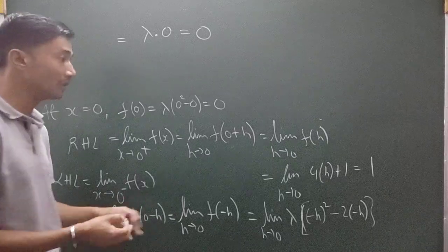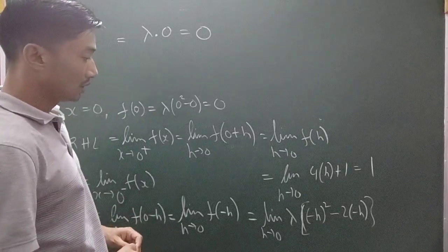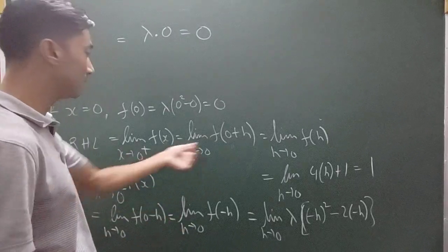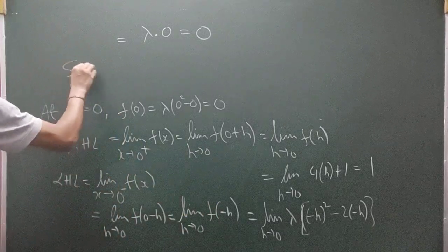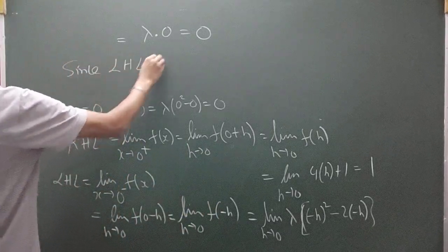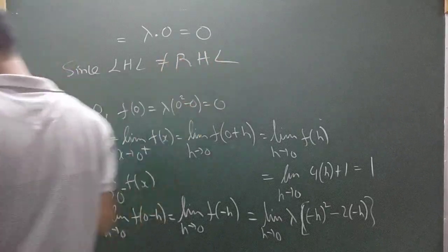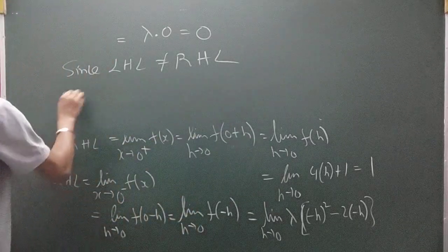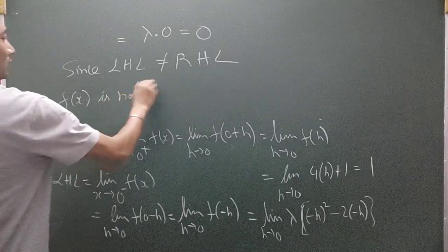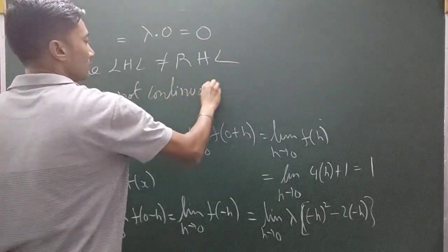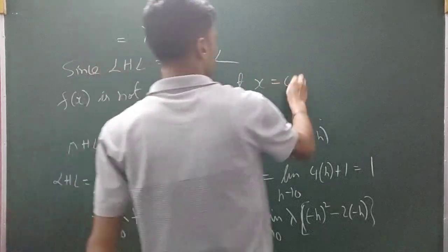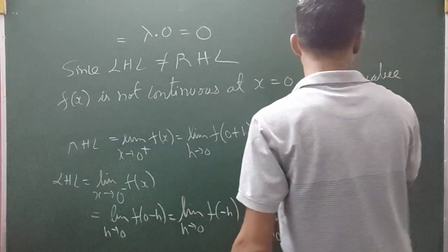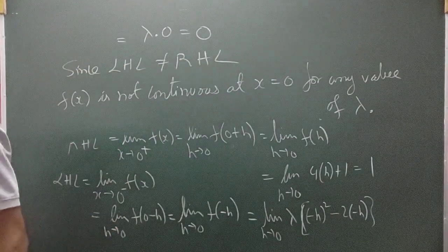There is no particular value at x equal to 0 for which the function can be continuous, because the right hand limit and left hand limit are not the same. Since the left hand limit is not equal to the right hand limit, f of x is not continuous at x equal to 0 for any value of lambda.